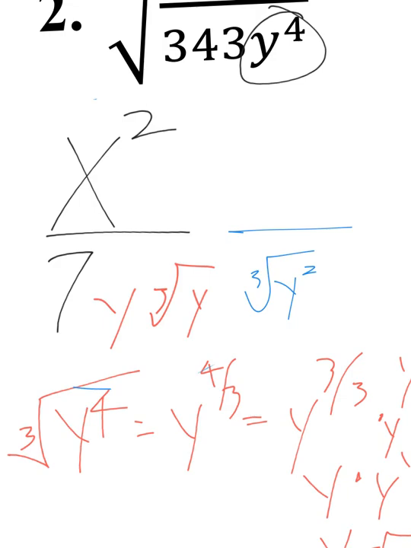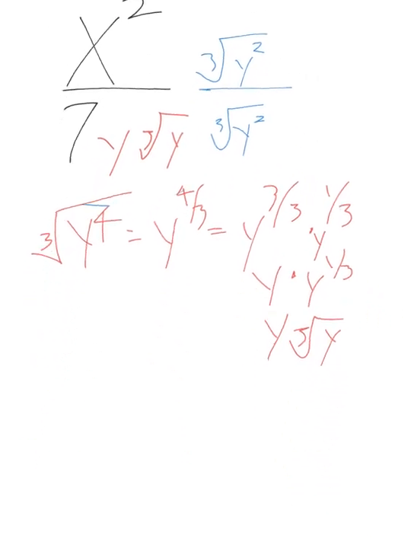Why did I choose to do that? Because you would add the exponents. Y to the first power times y squared is y to the third power, and then the cube root of y to the third is just y, 3 divided by 3. And what you add on bottom, you have to add to the top. Alright, so let's finish the work down here.